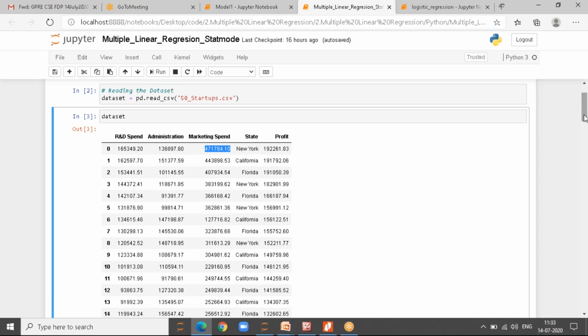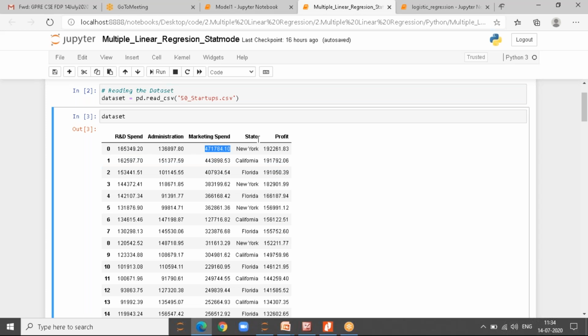So this is about my data set. This is my dependent variable here, and I will consider all these as the independent variables. If you see my state, it is a categorical attribute. As we have seen in the process, if any categorical attribute is present, I need to convert it with one-hot encoding or some label encoding.